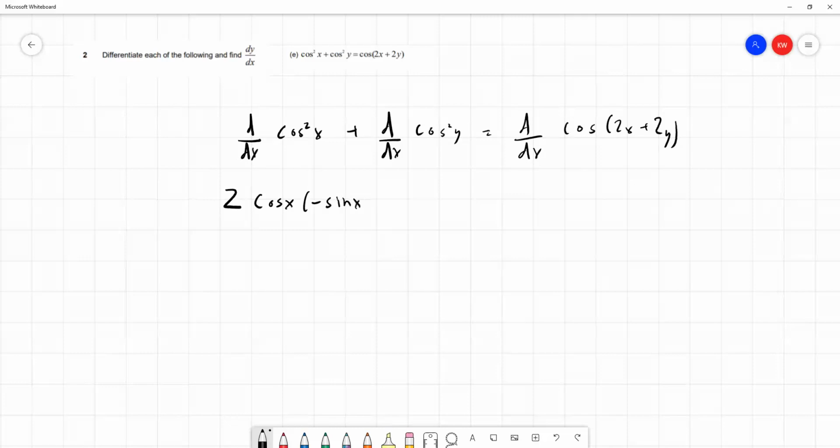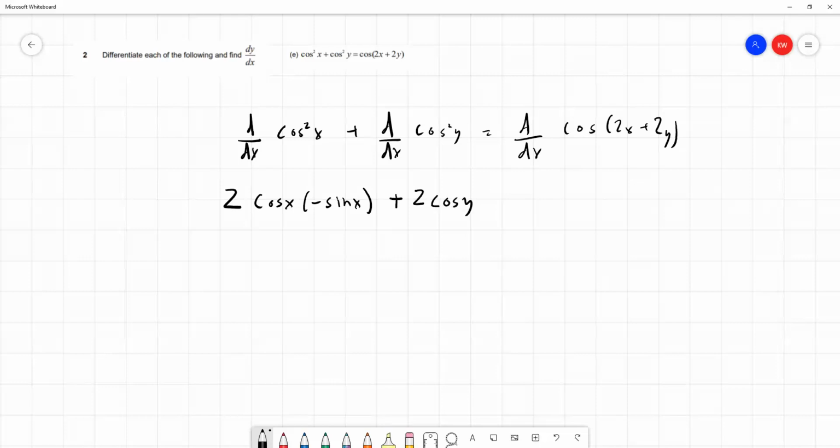So when we take the derivative of cos squared x, we get a 2 from our power, we get cos x, because the power has been reduced by 1, but we also multiply by the derivative of the thing being squared. That sets us up nicely for our next derivative, because this is going to be exactly the same as if we were differentiating with respect to y.